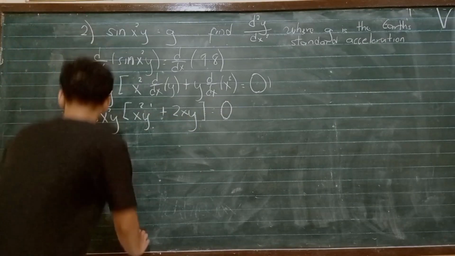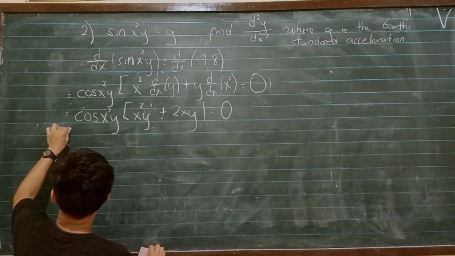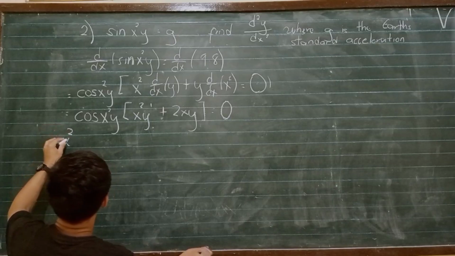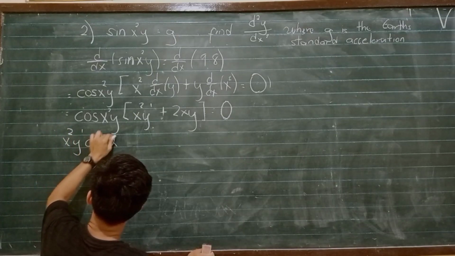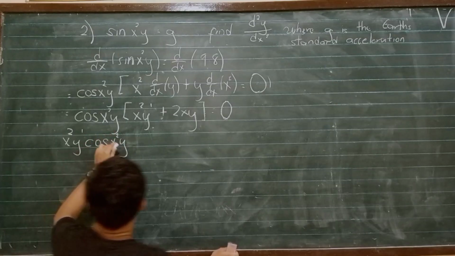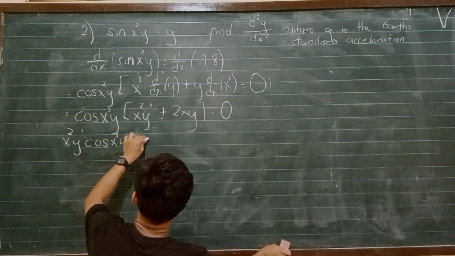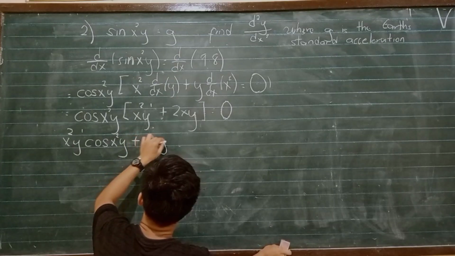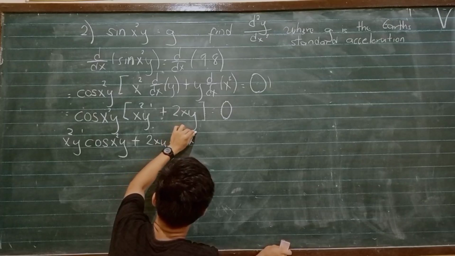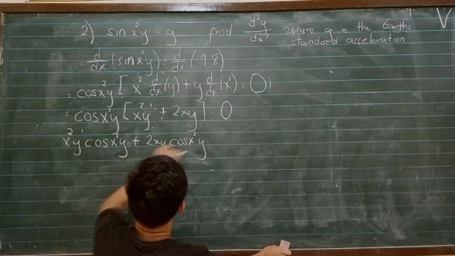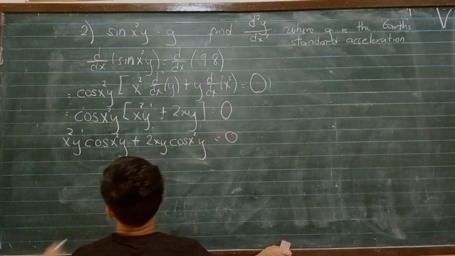So it will be x squared y prime cos x squared y plus 2xy cos x squared y is equal to 0.